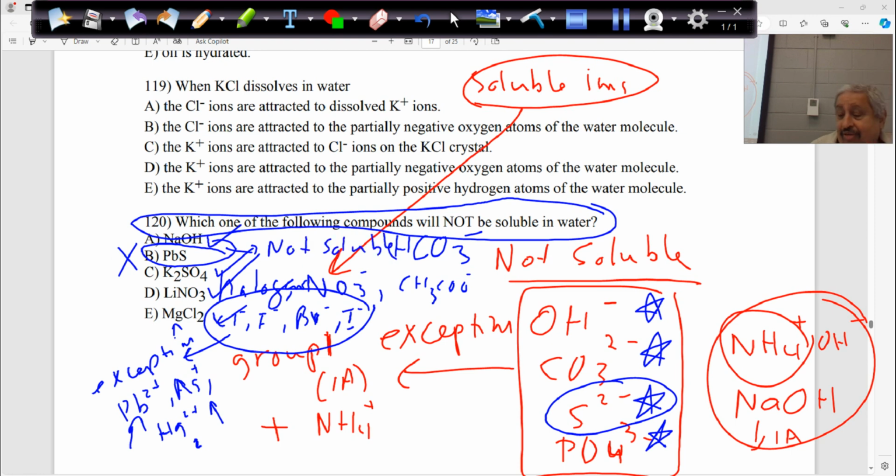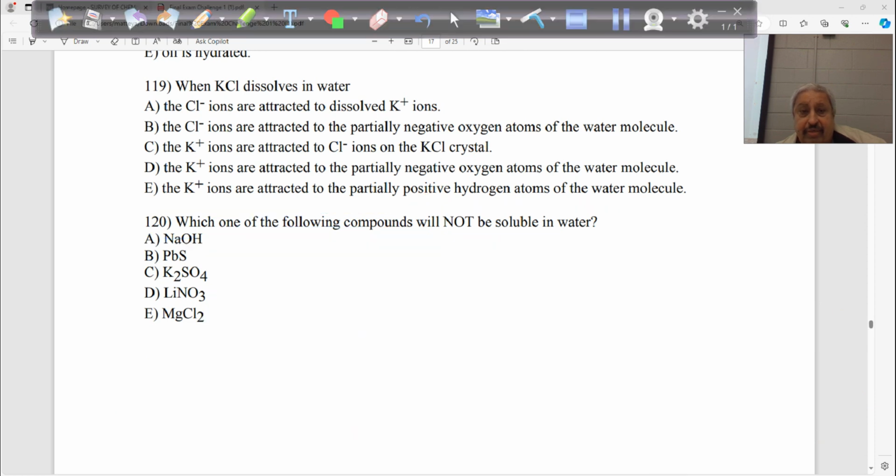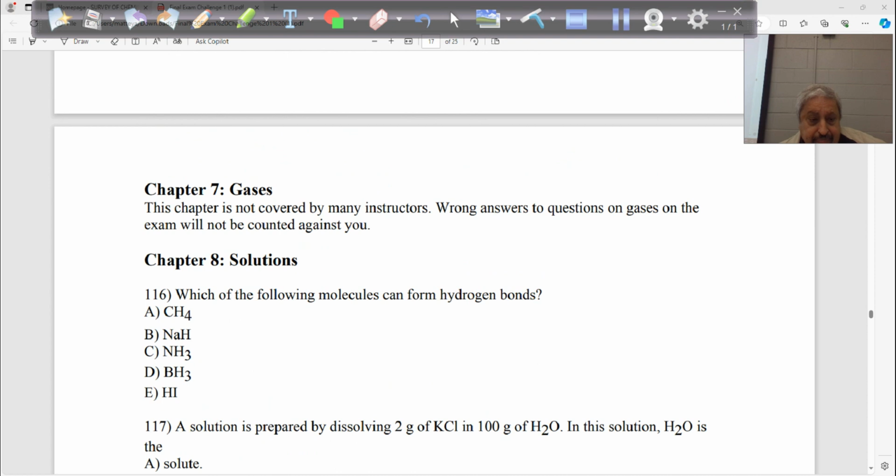So you might just look at the chart and memorize this. Very simple stuff here. You don't have to memorize details about this solubility chart. Okay, guys? Take this one out. Okay, so let's go up.